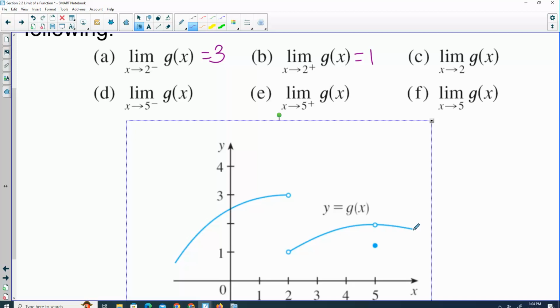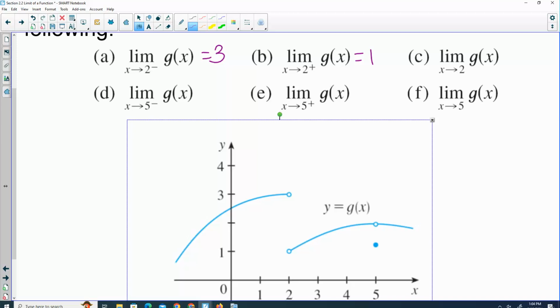So as I'm coming in from both sides at once, it does not. They don't match. So that one does not exist. Okay, so it could exist from one side, but in order for the overall limit to exist, they have to be the same from the left and the right.